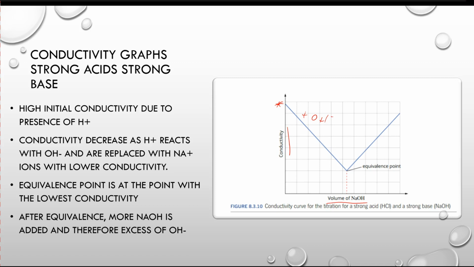Now after equivalence, what's happening here is I have got excess OH minus. I'm just adding more and more hydroxide ions. There's no more hydrogen ions to bond with those hydroxide ions, so I'm not forming any more water, so I'm increasing the concentration of my hydroxide ions, which again are higher in conductivity.